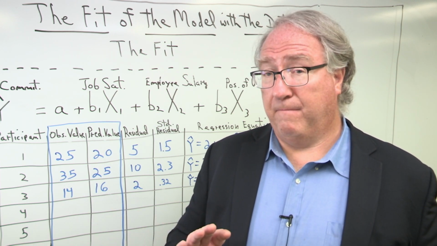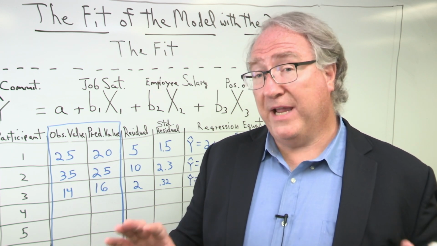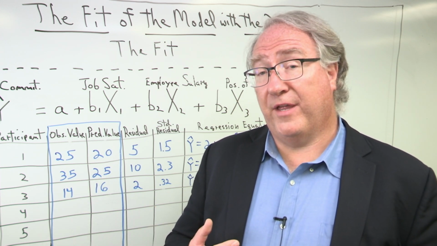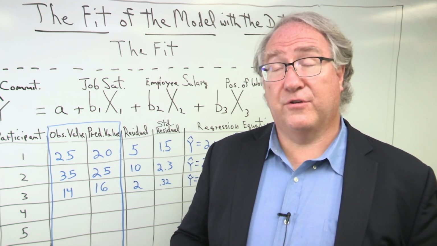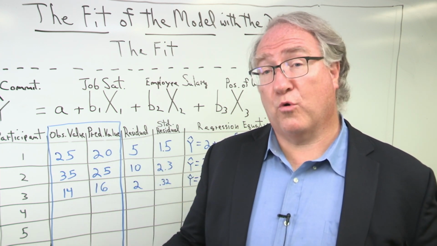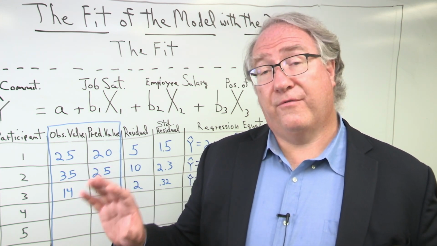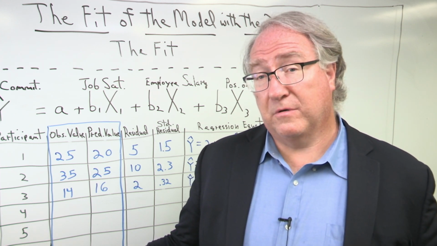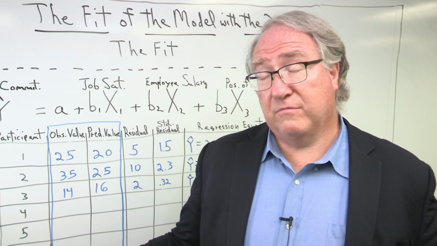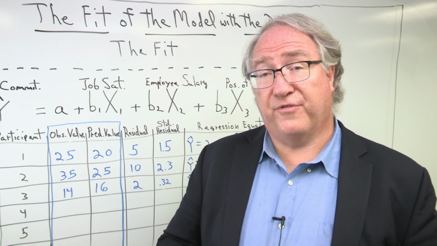That overall, looking across all your participants, you may have a situation where the model is not doing a good job in the predicted values that it's generating, based on person scores on the predictive variable measures, at accounting for variance on the outcome variable measure. Those predicted values just don't seem to be coming that close to the actual observed values.